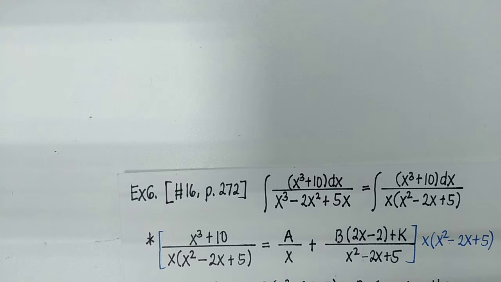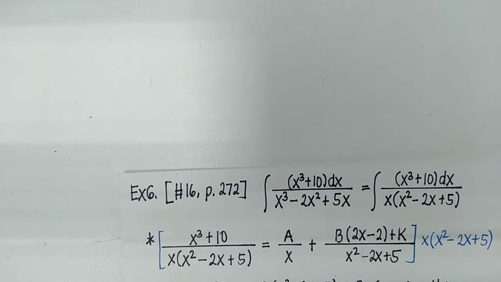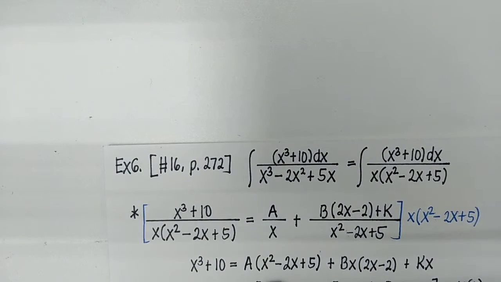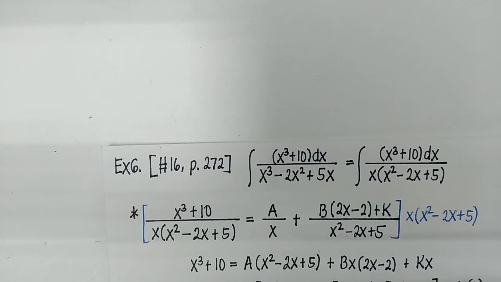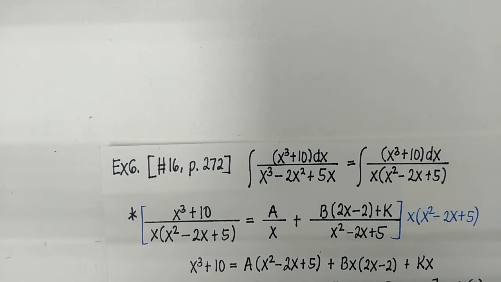Multiplying both sides by the denominator of our original integrand, we get the expression x cubed plus 10 equal to the following. With that, again, we assign values of x so as to enable us to compute the values of A, B, and K. Let's say we have first x equals 0.